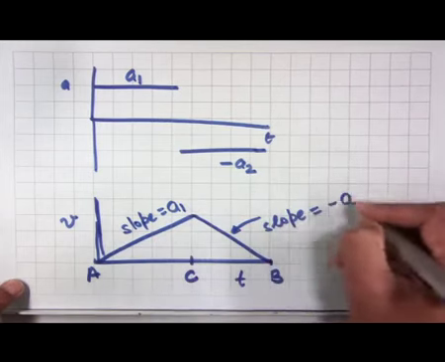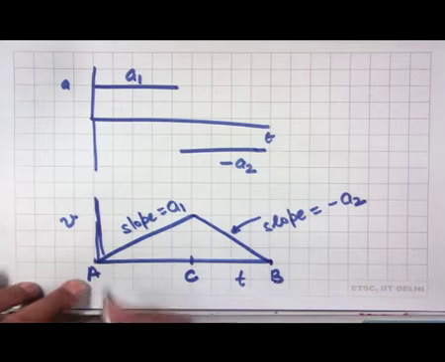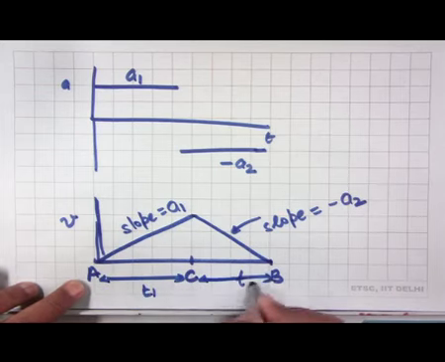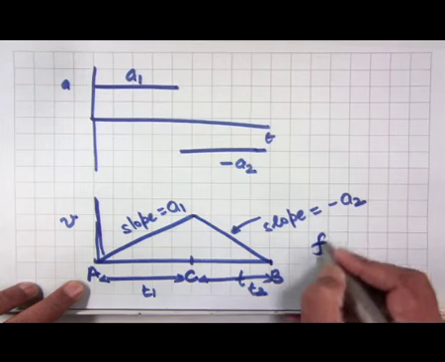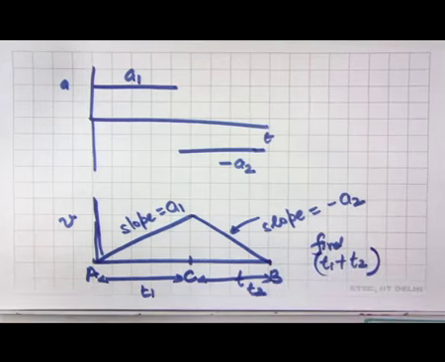And now let us look at the problem. In the problem, we have to find the total time from A to B. That means, if this time is T1 and this time is T2, we have to find the sum of these times, that is T1 plus T2.